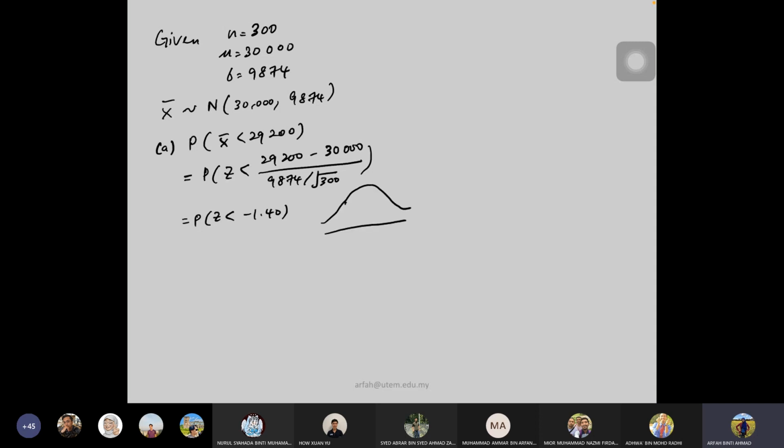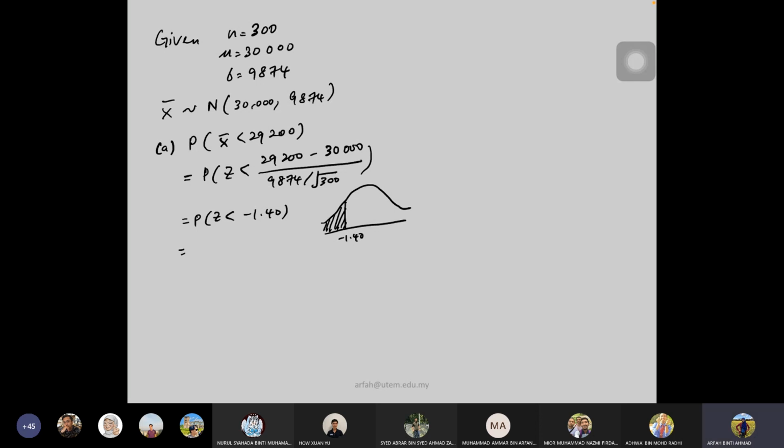So take a look at the standard normal distribution table. What will be the answer for this one? Did you get it?